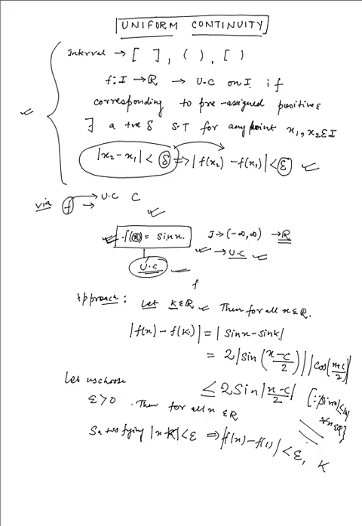So whatever k belongs to R may be, this shows f(x) equals sin x on the real numbers is UC.